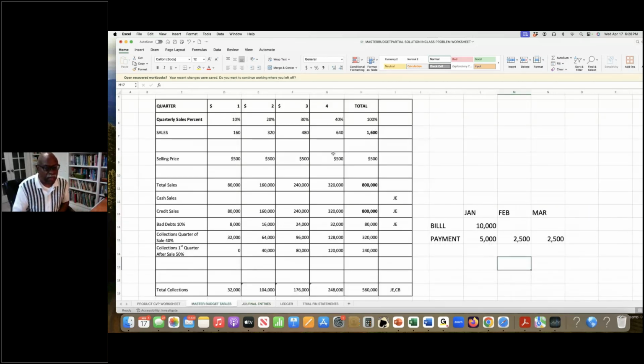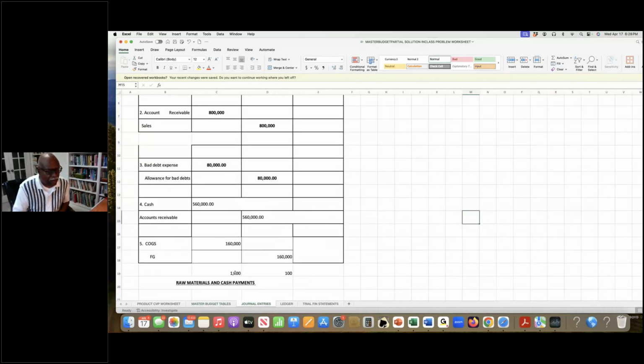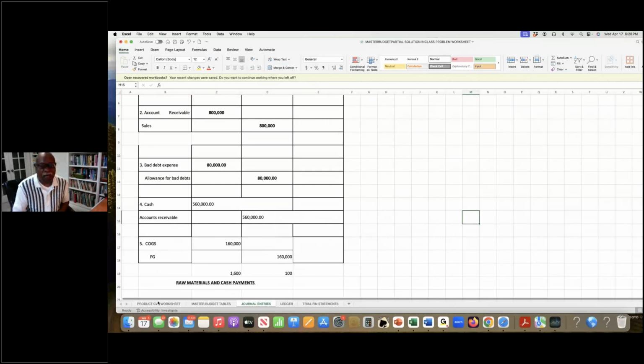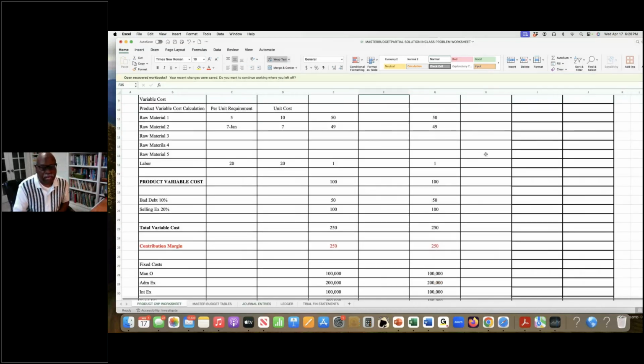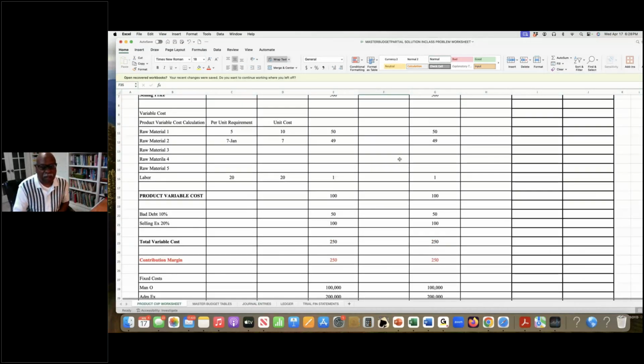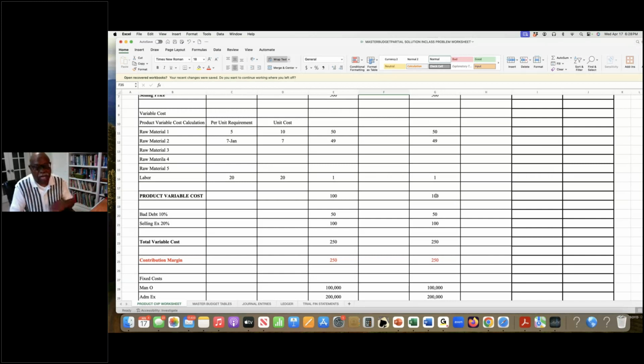So the 1,600 times the product variable cost, not the total variable cost. The product variable cost, which is strictly raw materials and labor. So that's why that's here. That's where you use that number to make the journal entries.